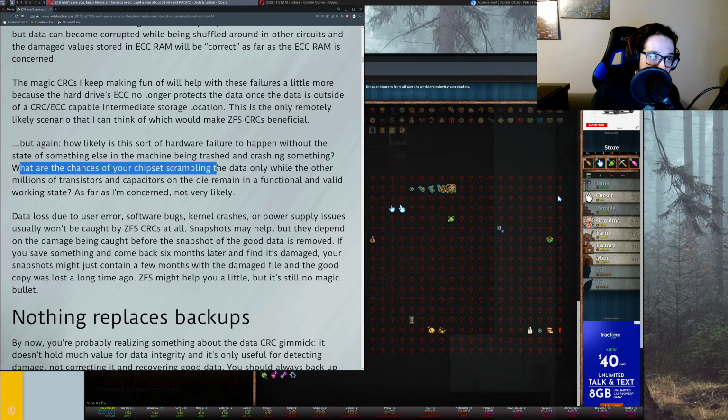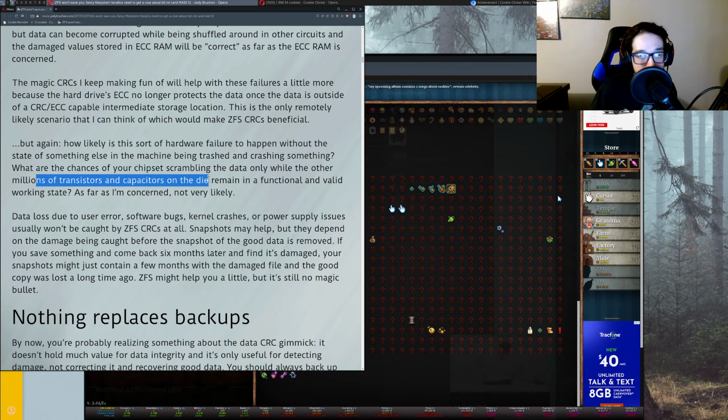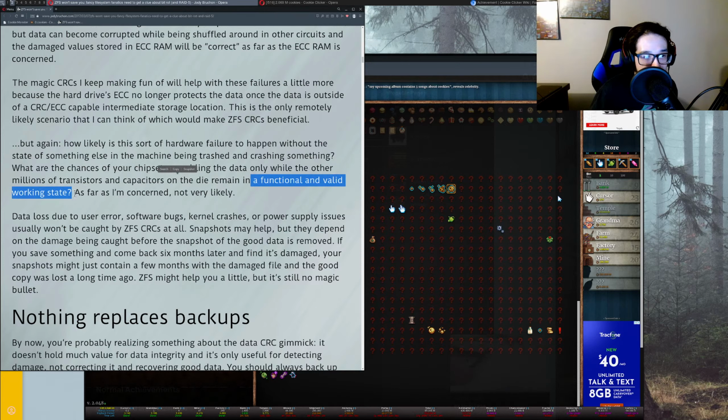What are the chances of your chipset scrambling the data while the other millions of transistors and capacitors on the die remain functional and valid in a working state? As far as I'm concerned, not very likely.